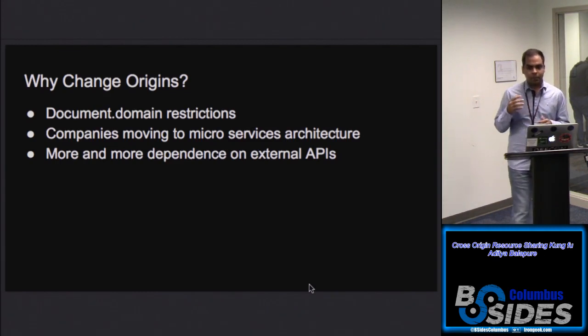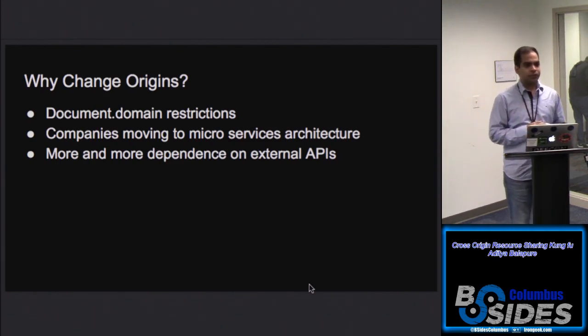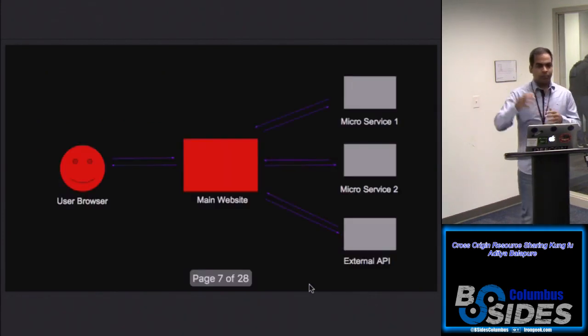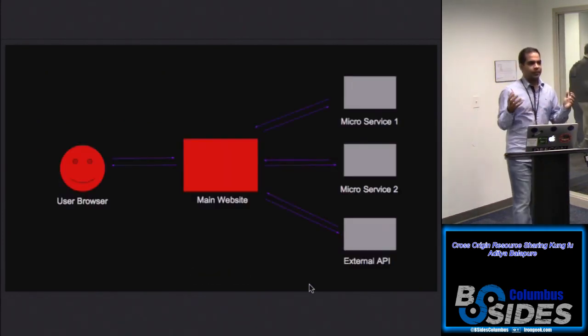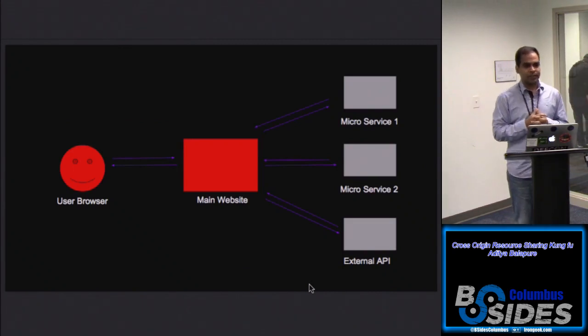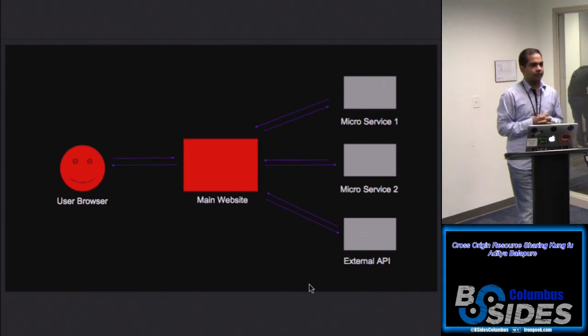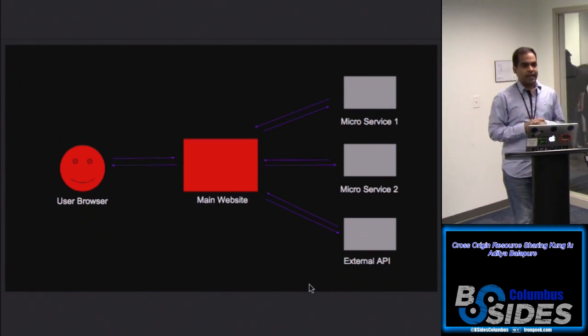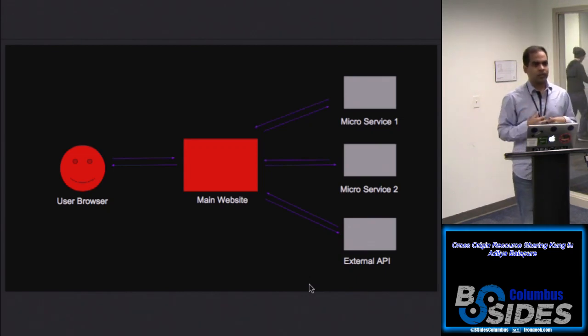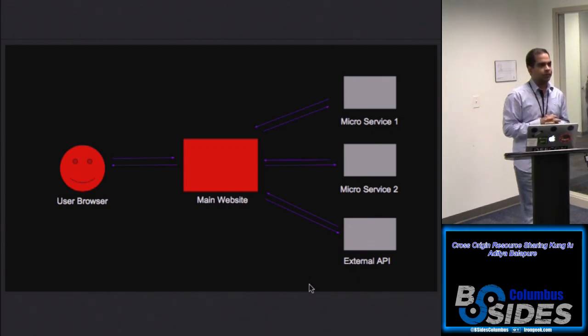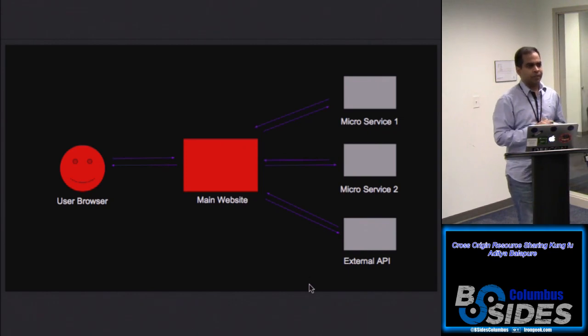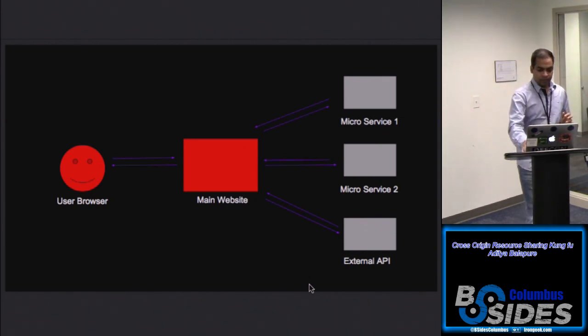As I said, more and more companies are moving towards a microservice architecture. As an example here, we have multiple microservices coming together as a single website. You have external APIs put together in a main website, and it has become a feature-rich web resource for a user who's coming onto that website to gather information, maybe buy something or do all sorts of stuff.